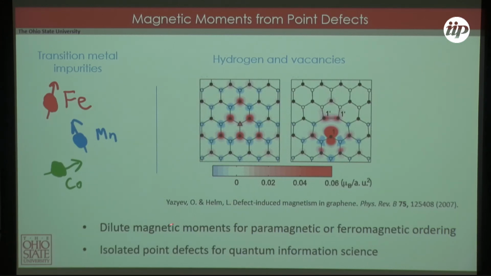And then it's possible that these dilute magnetic moments can be paramagnets, which are fine, or they could have ferromagnetic ordering. Also there's a lot of interest these days in point defects. They can potentially be used for quantum information science, spin qubits, single photon sources and such.